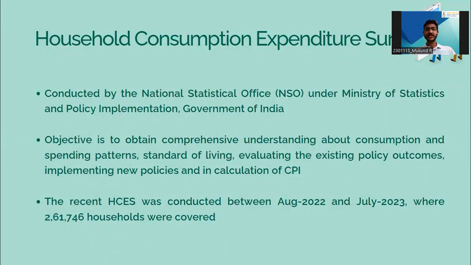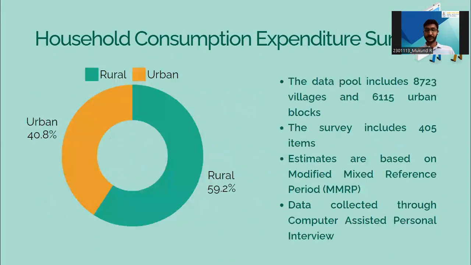The recent CES was conducted in August 2022-23, where around 261,000 households were covered. Among the 261,000 households, 40% were from urban areas and 59.2% were from rural areas. The data pool also included around 8,700 villages and around 6,115 urban blocks.